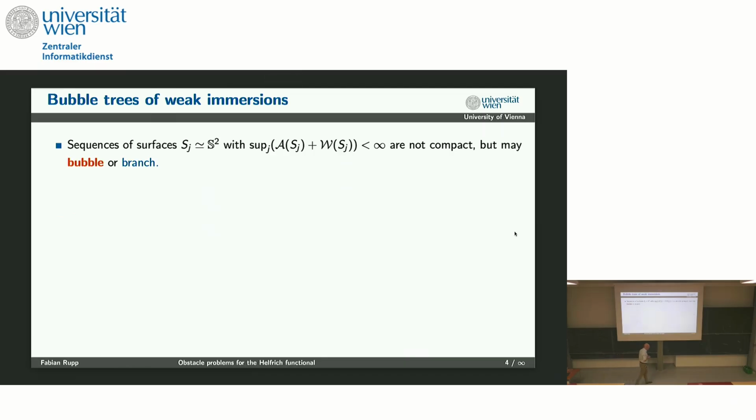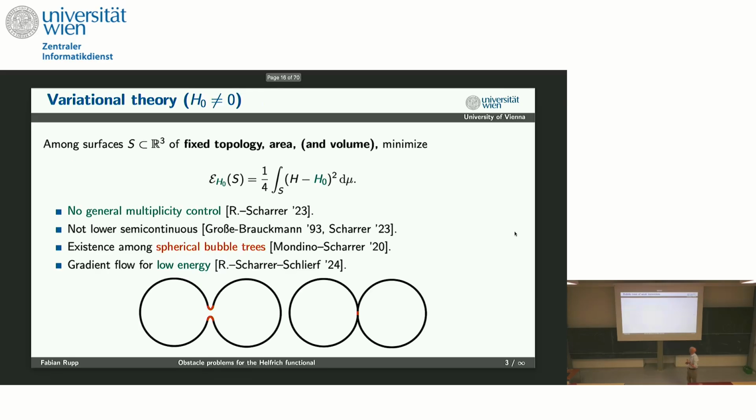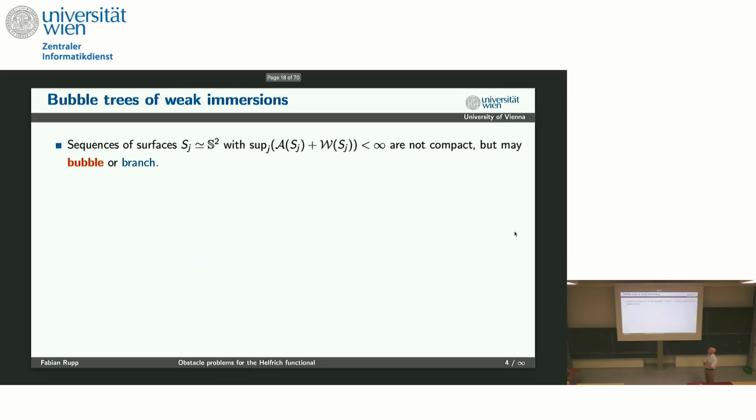So one can easily see, this was already in the picture here, that a sequence of surfaces which are of spherical topology and have uniformly bounded, say, area and Willmore energy is not compact, but in the limit process we may find these bubbling phenomena, or also you can find branching points.